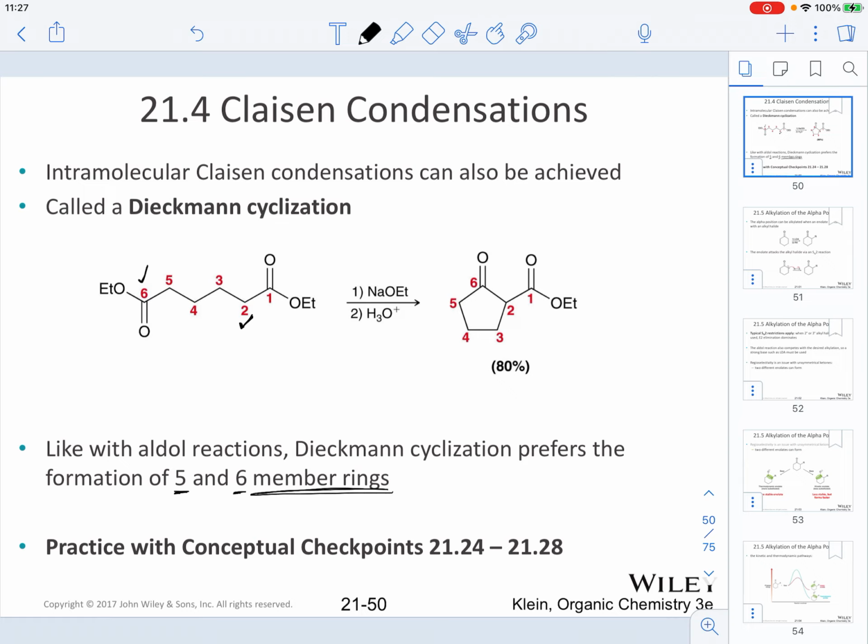The mechanism for this is not any different than what we discussed previously when we were talking about Claisen condensations. It's just that it happens intramolecularly.